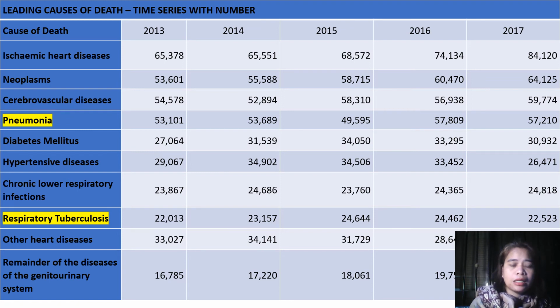And this can give us a reflection on what the government is doing in terms of prevention of these diseases. Basically, pneumonia can be prevented by vaccines. Tuberculosis can be prevented by vaccine. But how come these are still in place from 2013 to 2017?